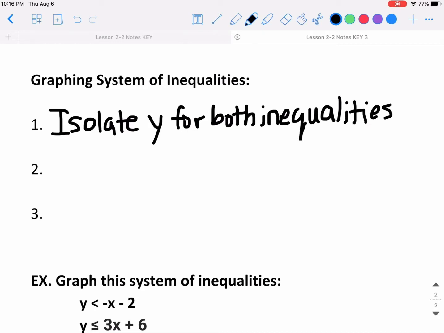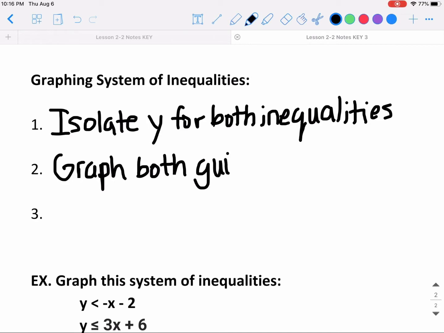The next thing I want to do is graph the guidelines. So I'm graphing 2 guidelines on the same graph. I want to graph both guidelines on the same graph.